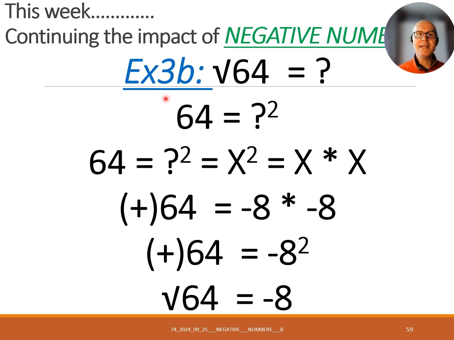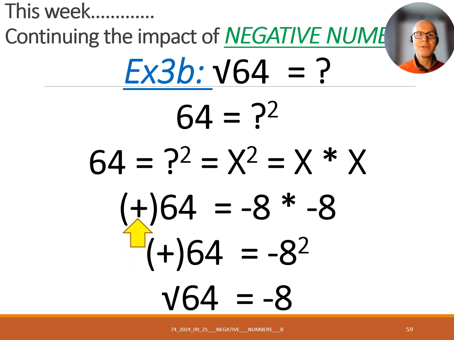In exercise 3a, we saw that one of the answers was positive 8, or just 8. However, another correct answer is negative 8, because negative times a negative equals a positive.